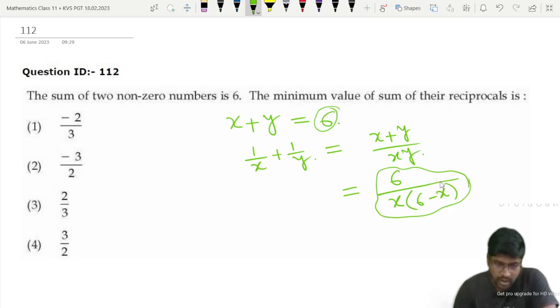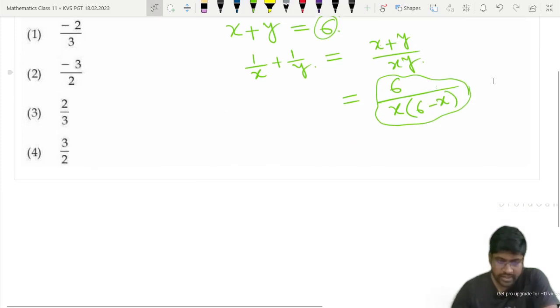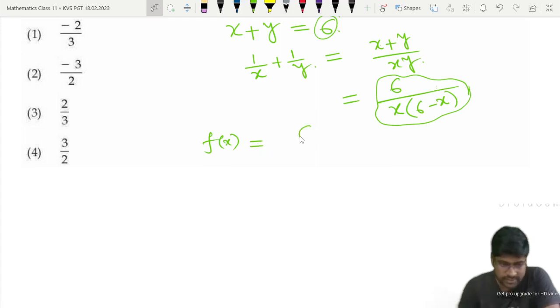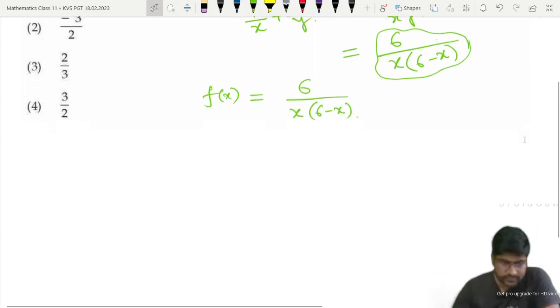We will take this quantity as f of x. This is from the application of derivatives. So f of x is equal to 6 divided by x into 6 minus x. Therefore we have to find the minimum value of this quantity.